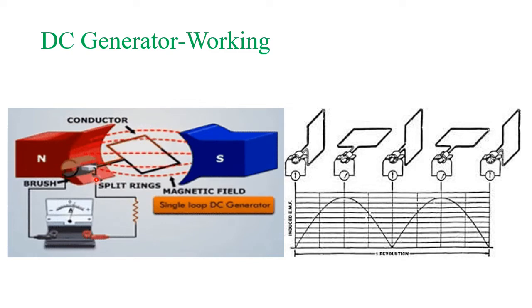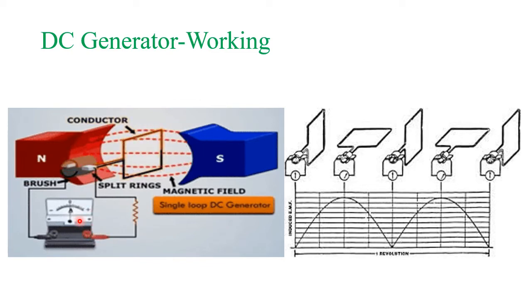It is connected to the external circuit, and whenever the conductor cuts the magnetic lines of force, an EMF is induced in the circuit, and it is unidirectional. Why? Because of the split rings. The split ring converts the bidirectional current generated in the armature conductor into unidirectional current in the external circuit.